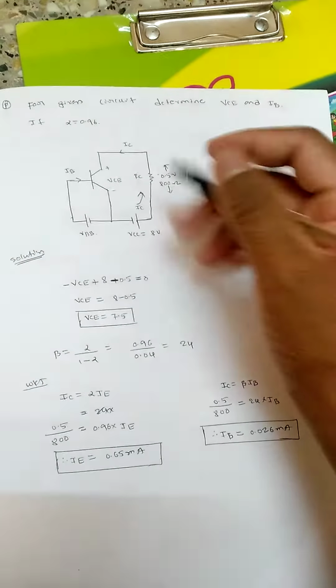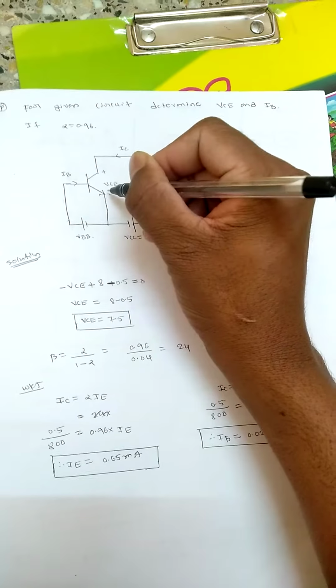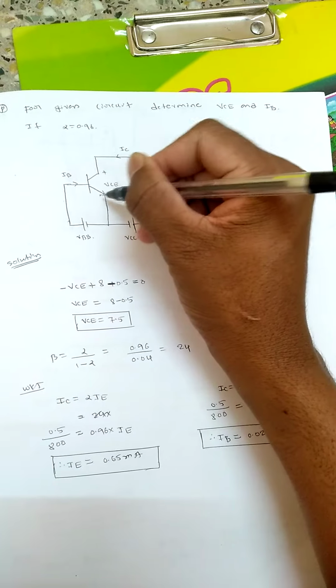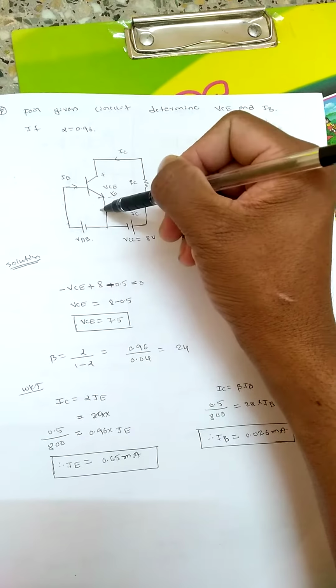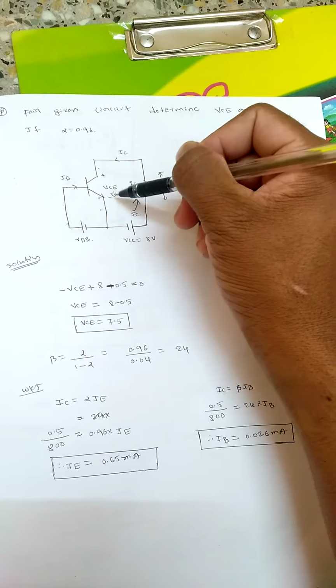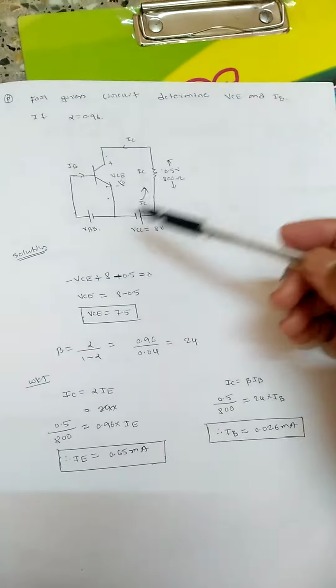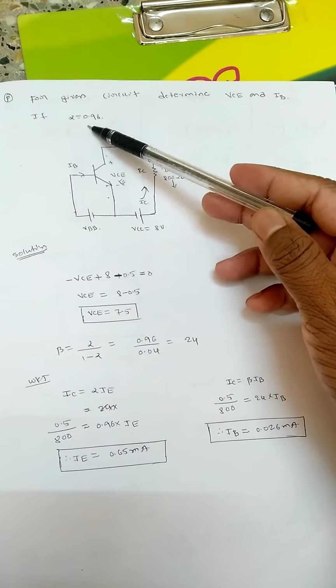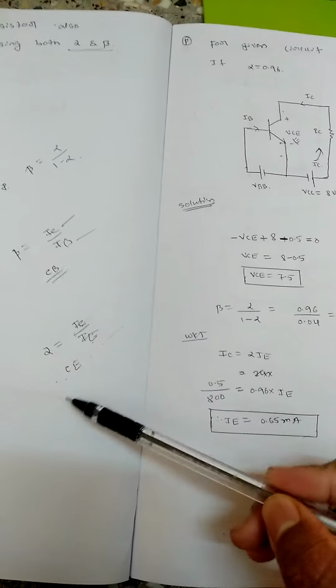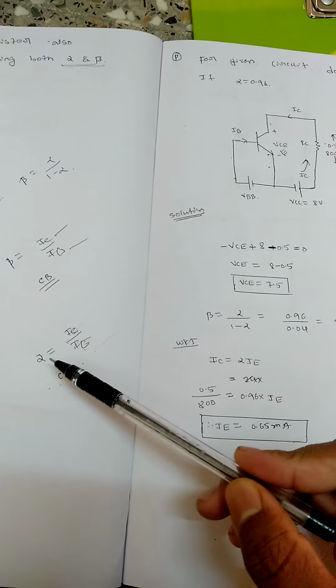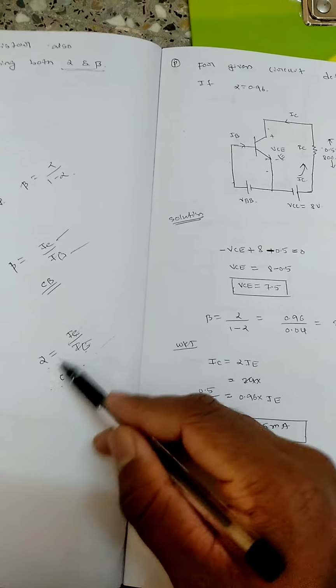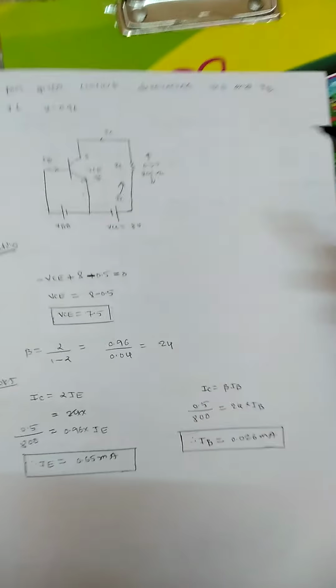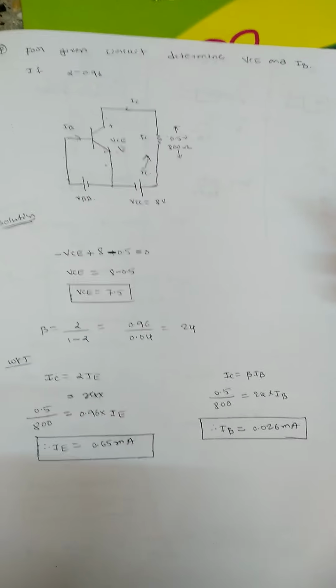Alright, so this is the common emitter configuration, where the input is between base and emitter, and output is taken across collector and emitter. So that's why they have given alpha here. As I showed previously, if this is a common emitter configuration, they will be given alpha, so we need to use the alpha relation. So this is the best example for the previous equation, right?